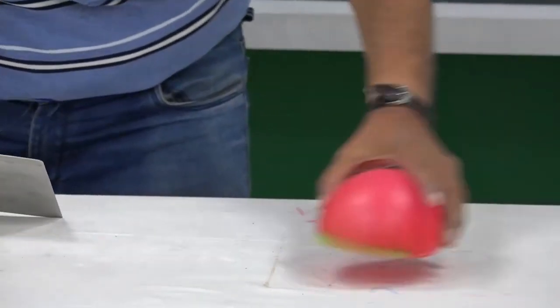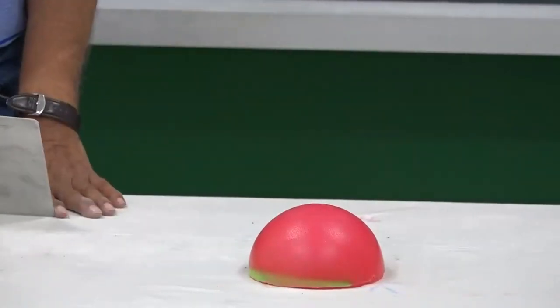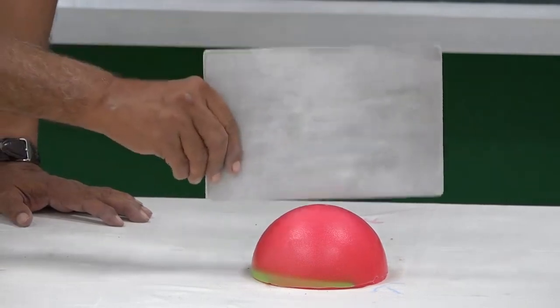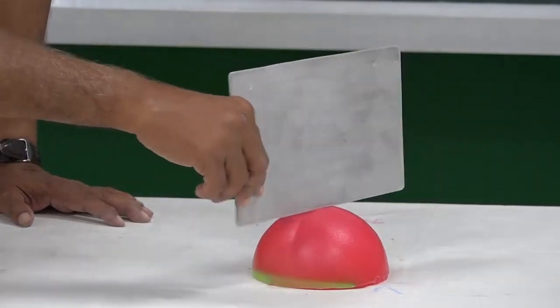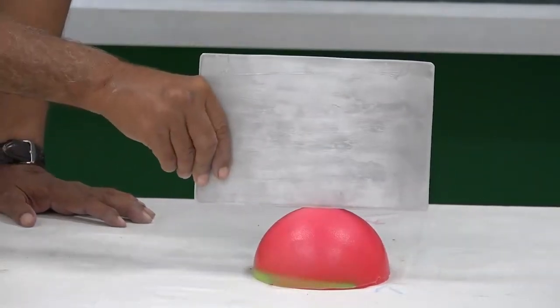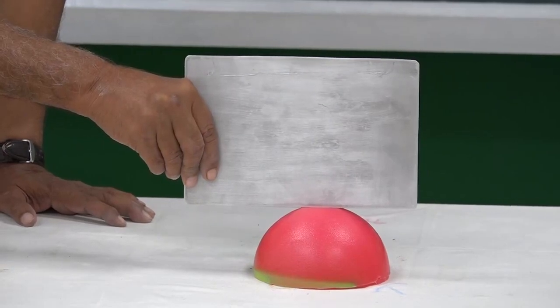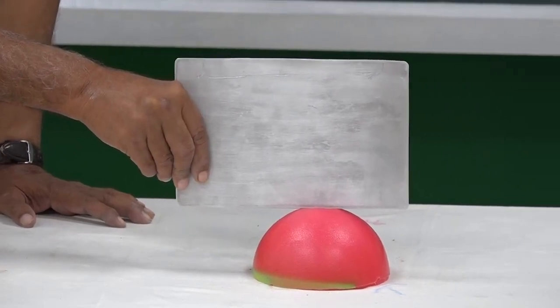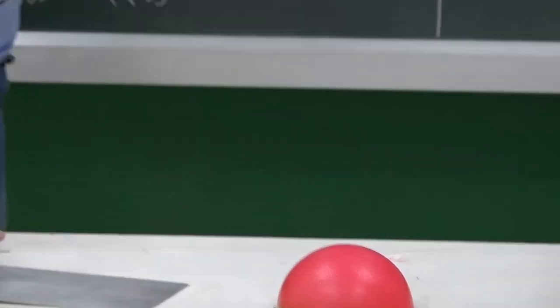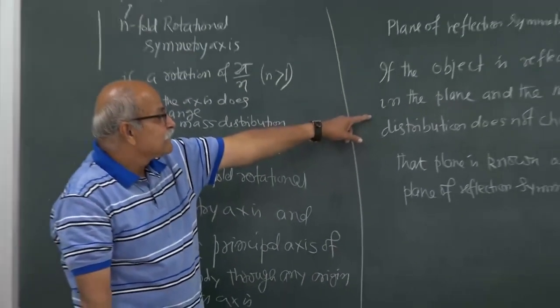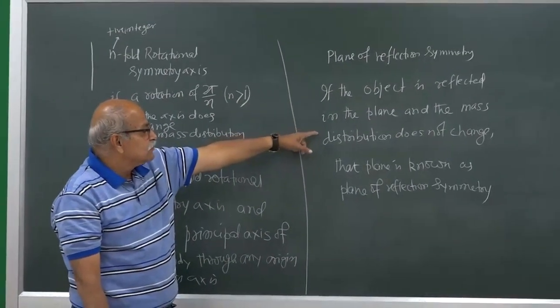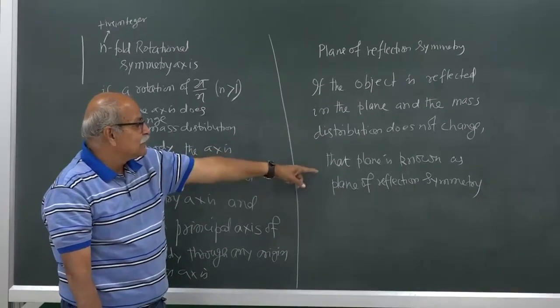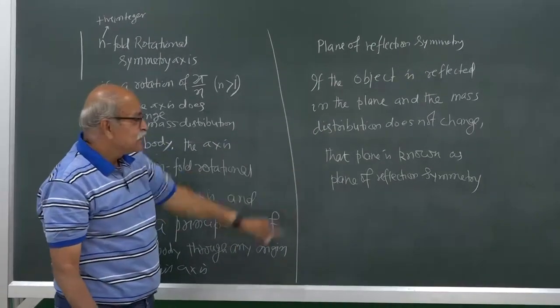Similarly, if you consider this hemisphere, and then you draw a plane like this or this or this or this, the plane is a plane of reflection symmetry. So, if the object is reflected in the plane and the mass distribution does not change, that plane is known as plane of reflection symmetry.